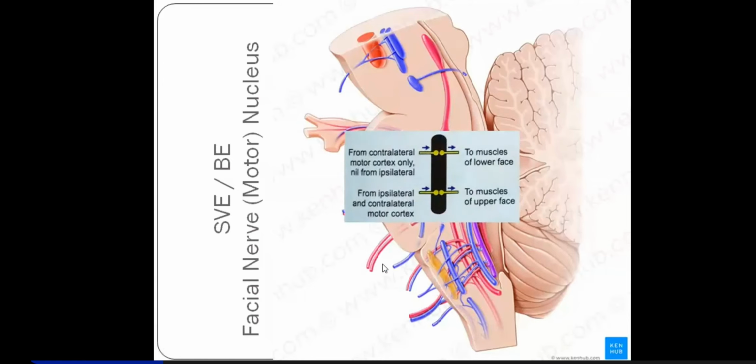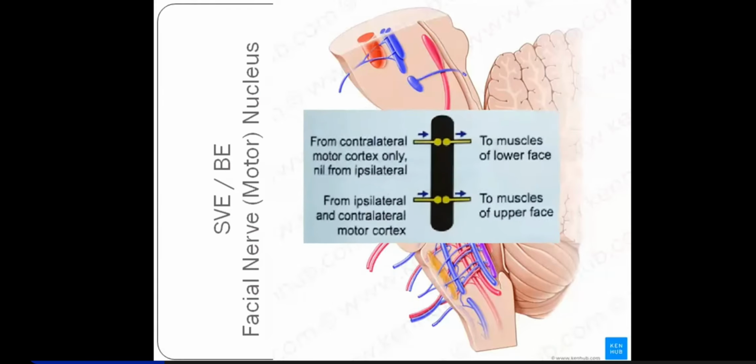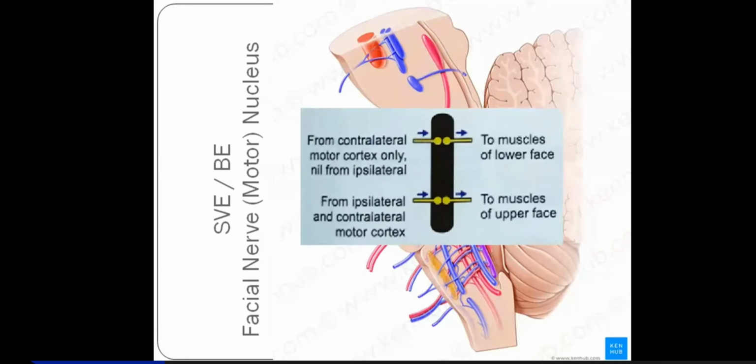Then another very important point about this motor nucleus of the facial nerve. Obviously it will have upper motor neurons and lower motor neurons, just like any other efferent nuclei. The fibers coming from the upper motor region, like the motor cortex, the descending upper motor neurons to the upper part of the face, the corticonuclear fibers reaching the facial nucleus, have a bilateral representation.